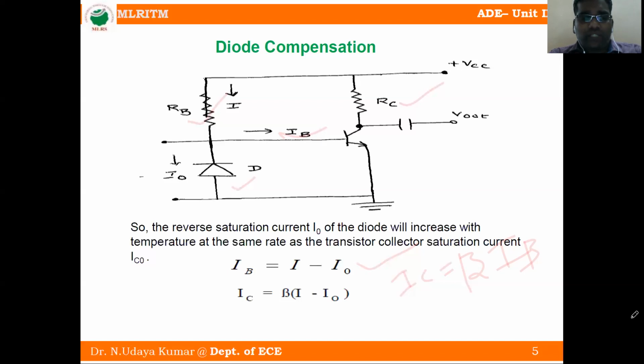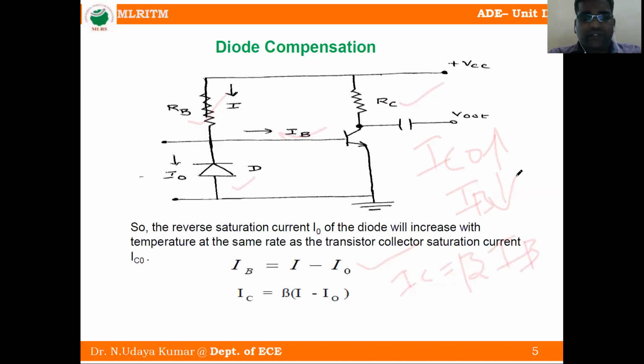So to compensate for this IC naught, the base current IB should be decreased.